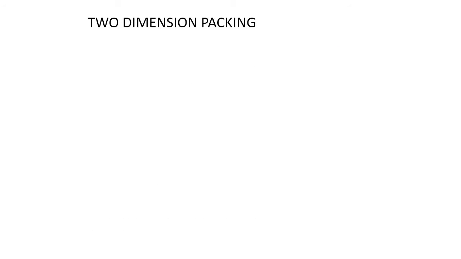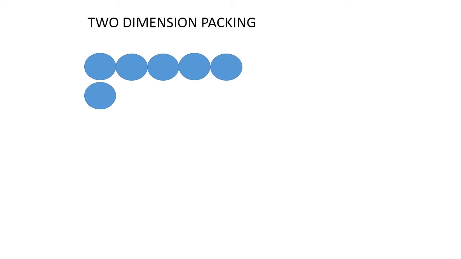The next, two-dimension packing. In two-dimension packing, we again take the one-dimension packing or arrangement of the spheres. But the second layer is taken exactly above below the first layer.